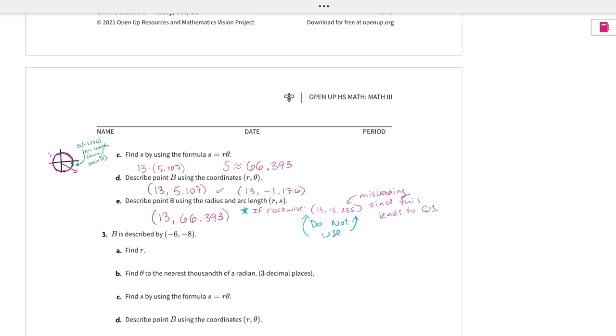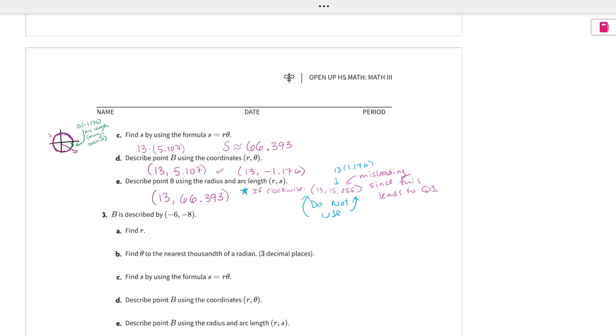Don't use that because it looks like it's quadrant 1 when we are in quadrant 4. That's not a problem with answer D because we have the negative sign on the angle. But when we're talking about arc length, we're using a positive distance. And so we need to go counterclockwise so that we know how far we're going.